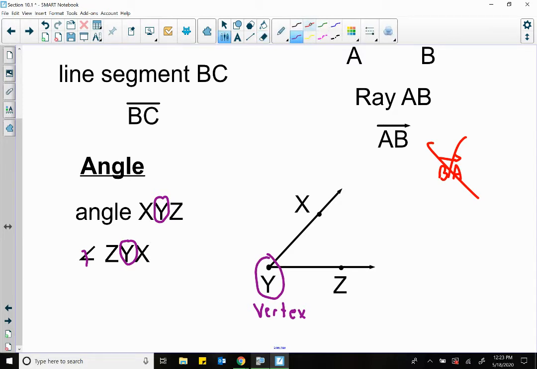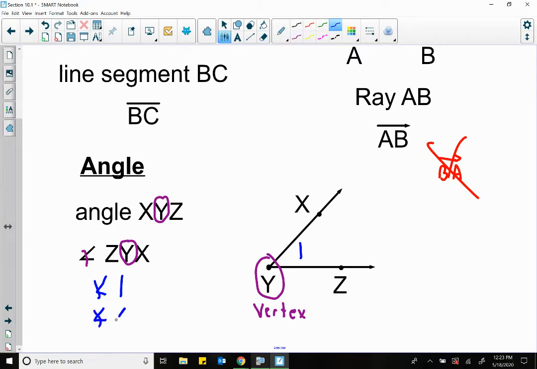And then some other things that you might see out here. They might have a number inside your angle. So another way to name this angle is we could call it angle 1. Others that they might use is if this is the only angle that's possible at Y, then sometimes they name it just for the vertex.